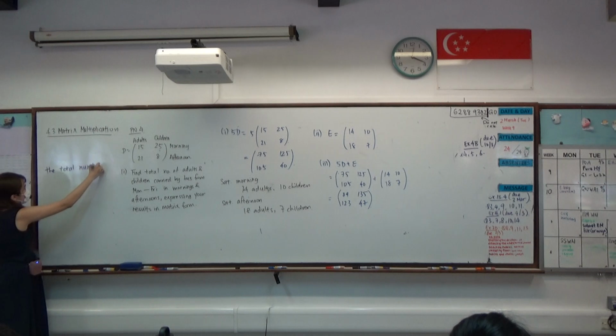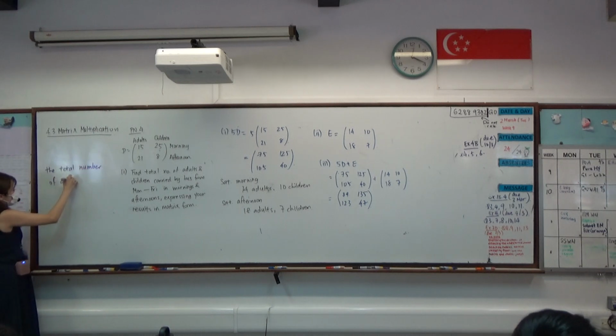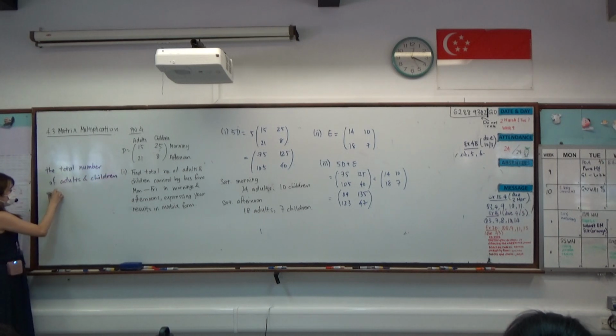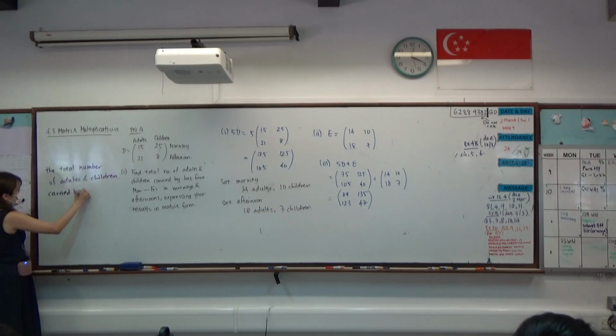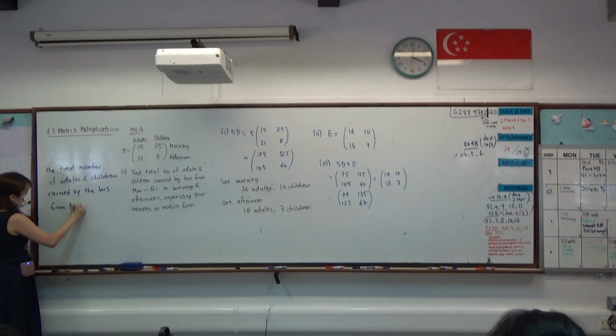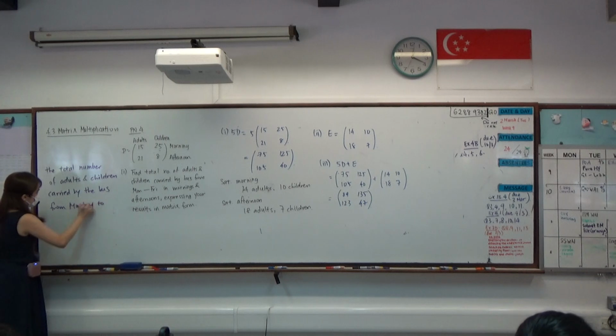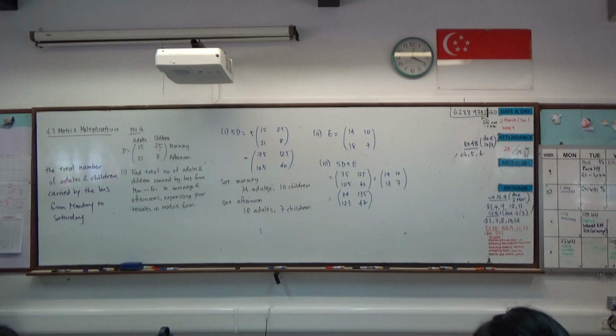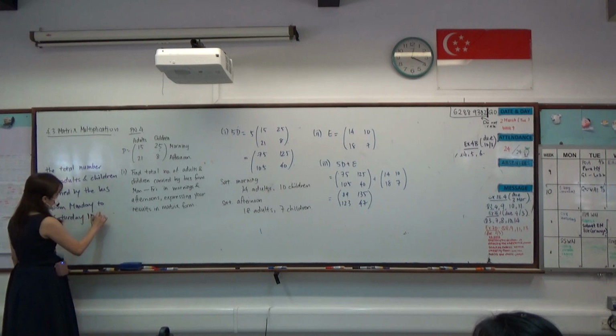The total number of adults and children carried by the bus. Okay. Anything else? Anybody else have things to add to this explanation of the matrix? Okay, in the mornings and afternoon.